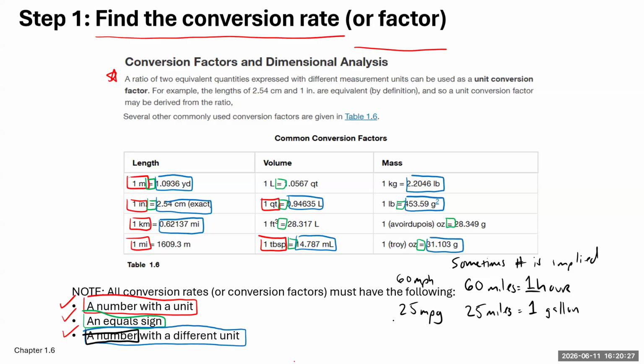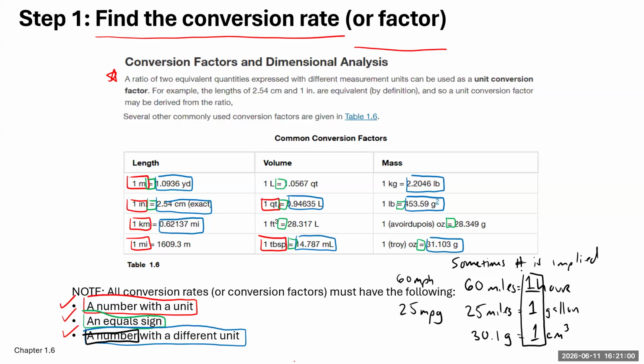And density calculations. Density, let's just make something up, right? Let's say something had a density of 30.1 grams per cubic centimeter, right? Typically, that's going to be 1 cubic centimeter. So even though they're not explicitly said, miles per gallon, miles per hour, grams per cubic centimeter, if there's no number, it typically means it's one. All right.